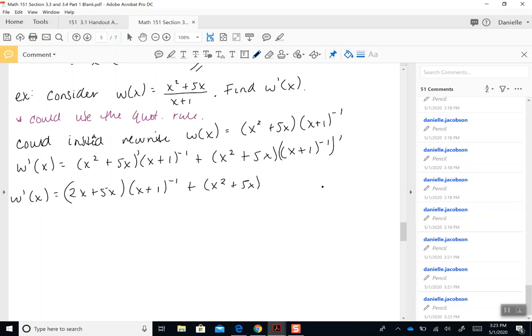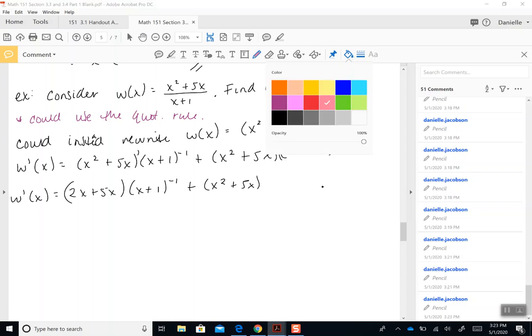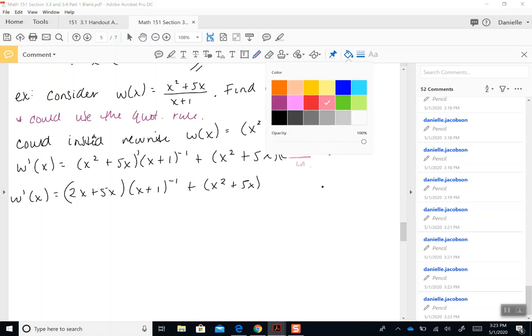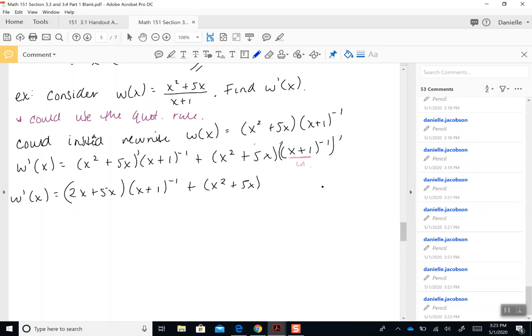All right, so try to look at that and think, what's your little function? What's your big function? Okay, you should have decided, hopefully, that your little function or your inside function was x plus 1. Okay, your big function, or you could say your outside function, was that parentheses to the negative 1. So that's your outside function.